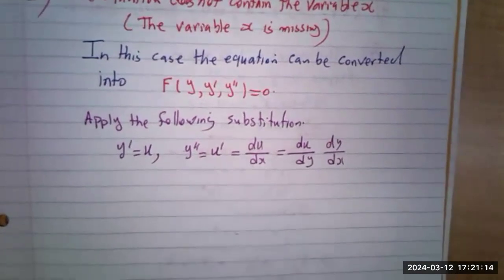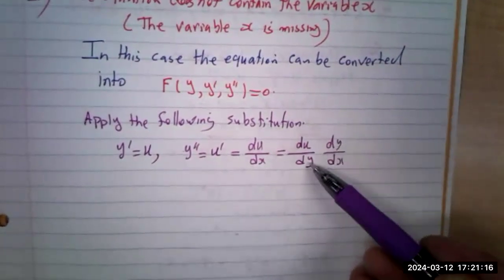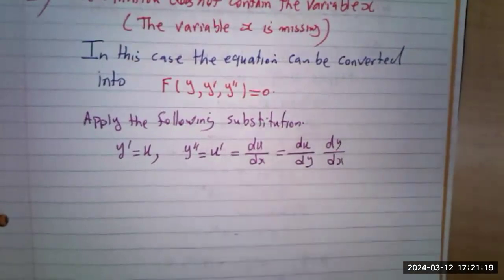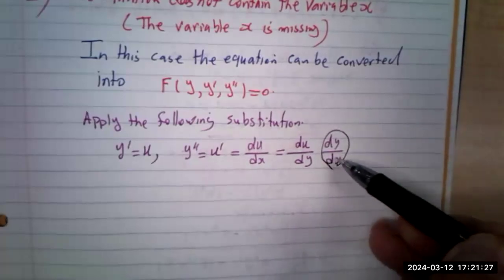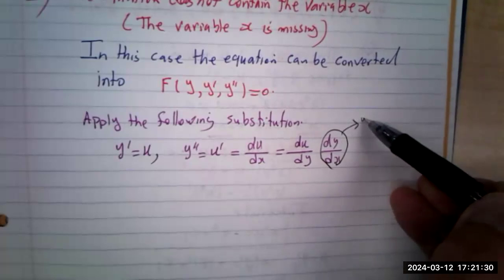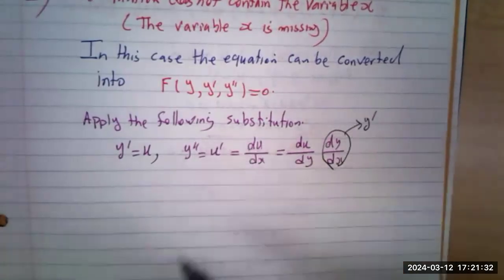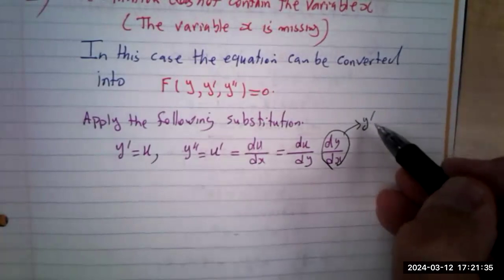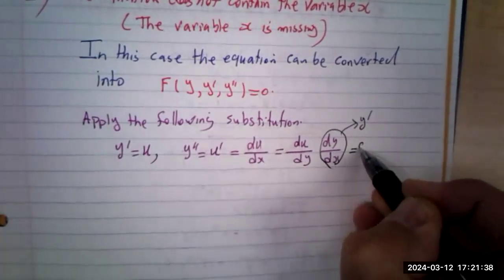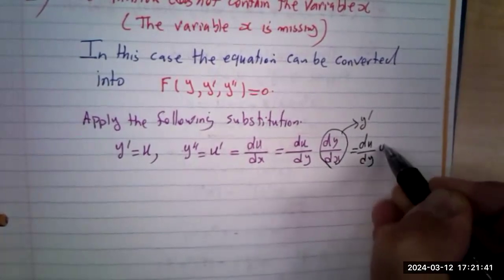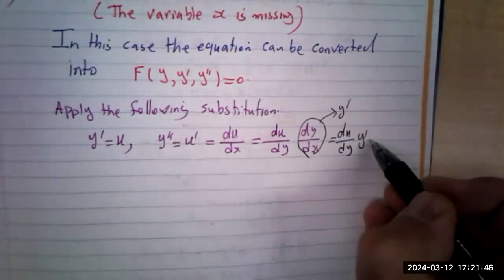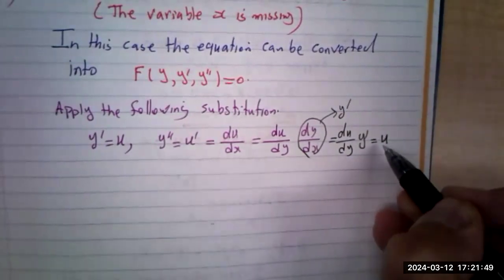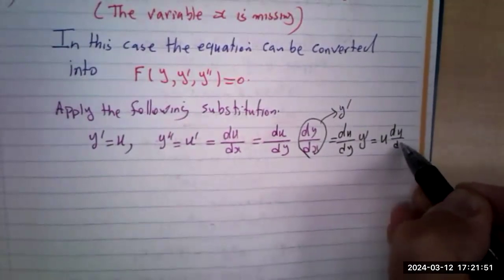The dx and dy cancel out, and you arrive at du dx. And what is the advantage of this? dy dx is y prime, and y prime is u. So this is going to be du dy times y prime, which equals u du dy.